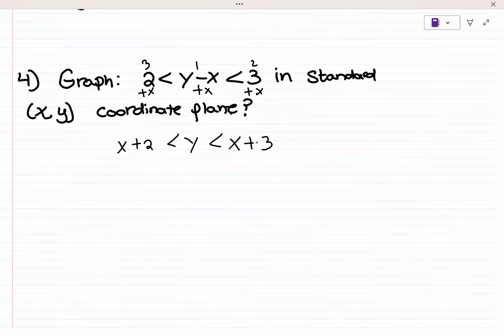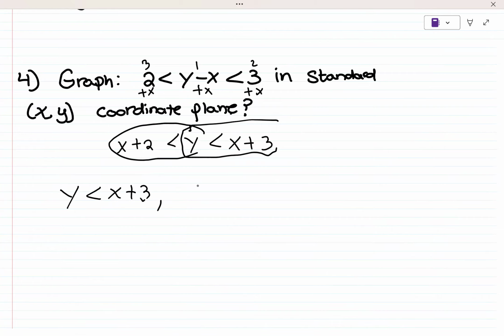So now you have two inequalities. The first one is simple. This one can be written as y is less than x plus 3. And then the other one, remember, this one is always backwards, so it's really y is greater than x plus 2.